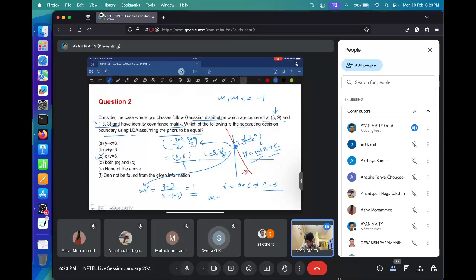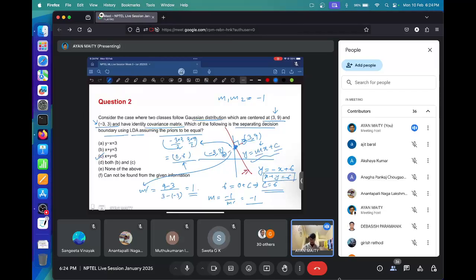So m would be minus 1 divided by m dash, so that is minus 1. So slope is minus 1 and c is 6. So the equation becomes y equals minus x plus 6, so that gives x plus y equals 6.